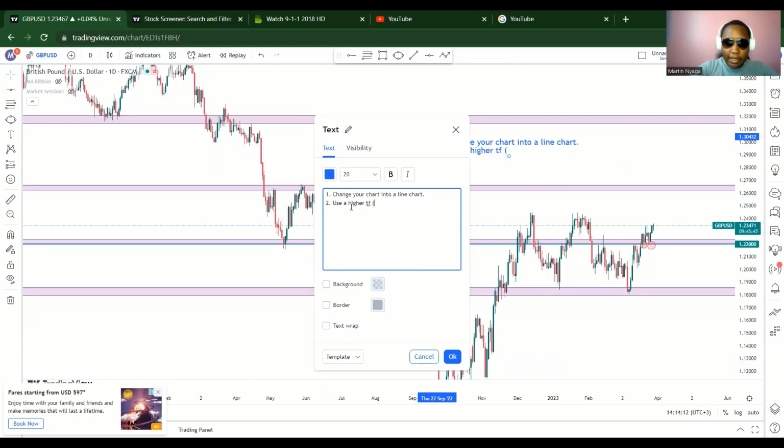I recommend the weekly for your levels. Number three, check on levels that are both support and resistance. And number four, recent price action takes precedence.